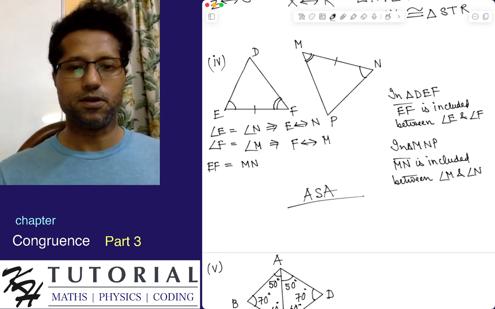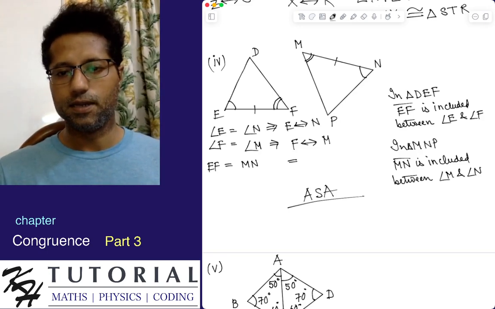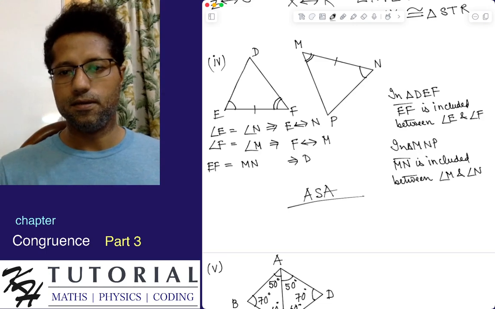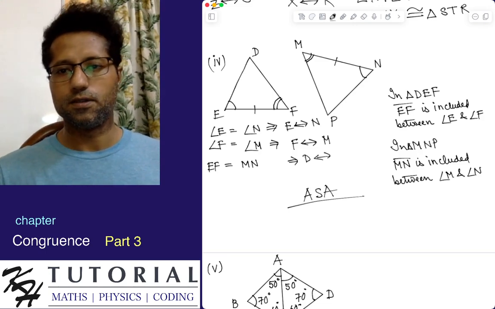The third correspondence will automatically imply that D will have a correspondence with P.